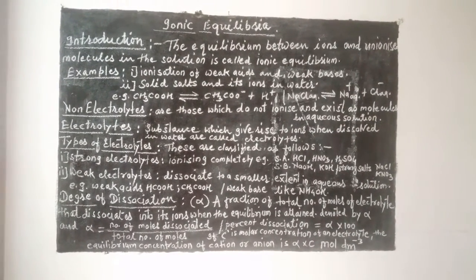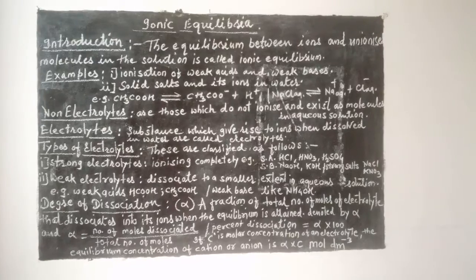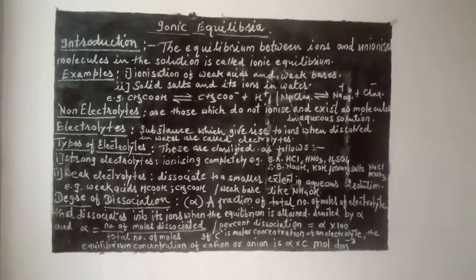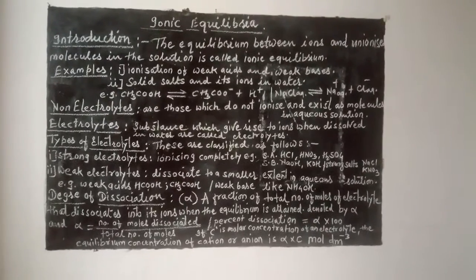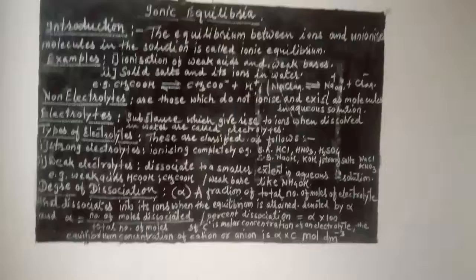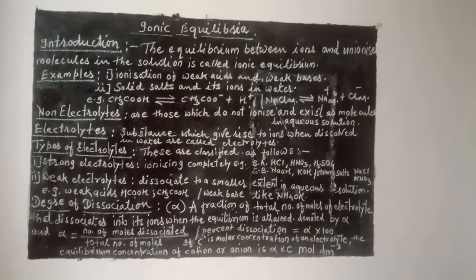So under equilibrium conditions, molecular NaCl and Na plus and Cl minus, that is ionic NaCl, are present. That is known as ionic equilibrium.